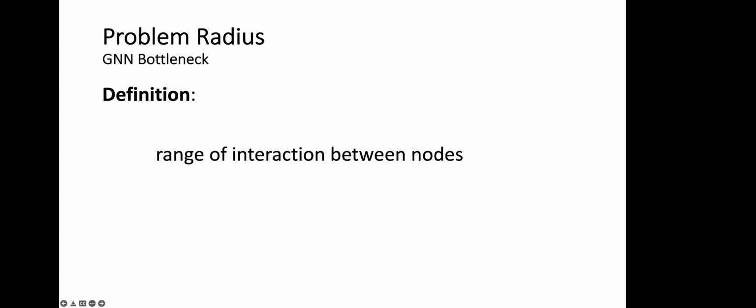Next, let's talk about the GNN bottleneck, which is the topic of this paper. As we have seen, a GNN layer can be viewed as a message passing step, where each node updates its state by aggregating messages flowing from its direct neighbors. And GNN variants mostly differ in how each node aggregates the representations of its neighbors with its own representation.